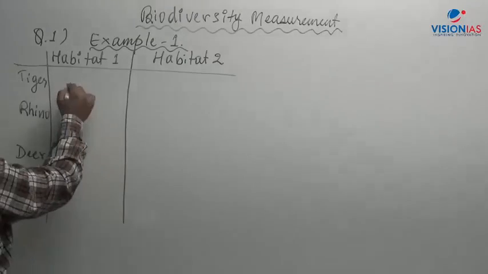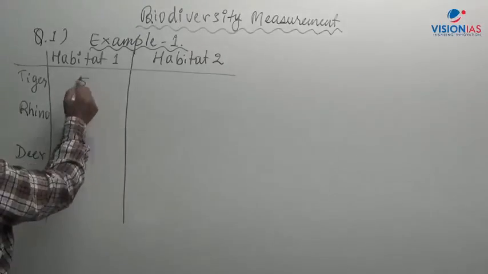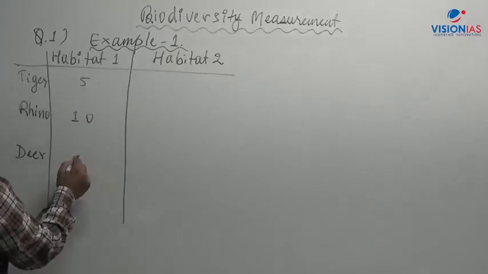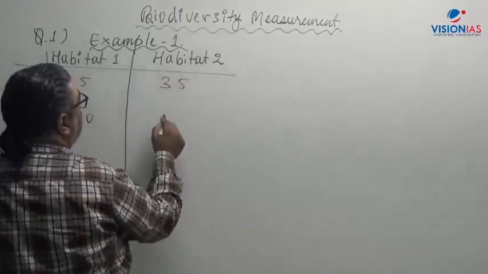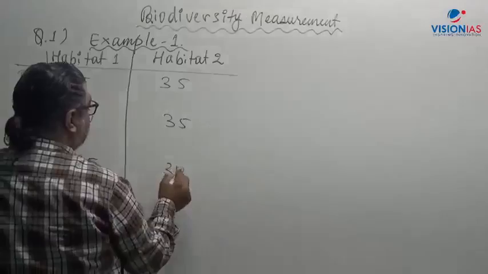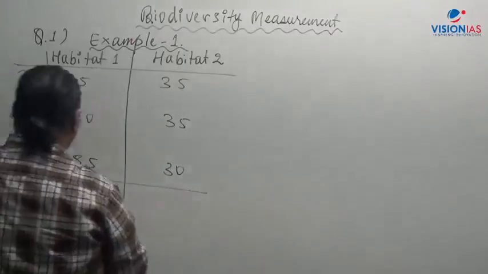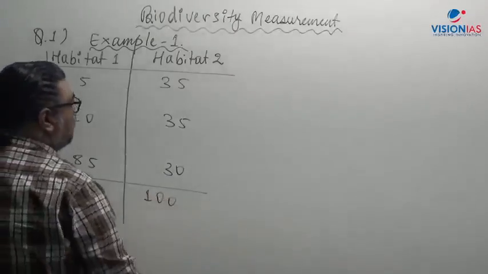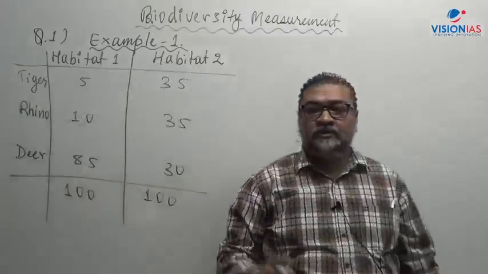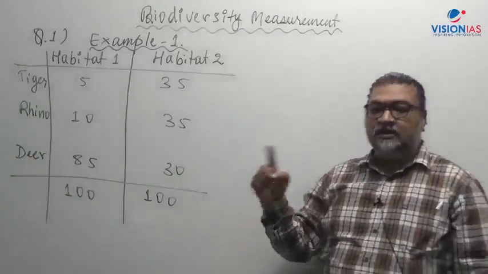In habitat 1 you have 5, 10, 85. In habitat 2 you have 35, 35, 30. Total number you have 100 and 100. This is the example.